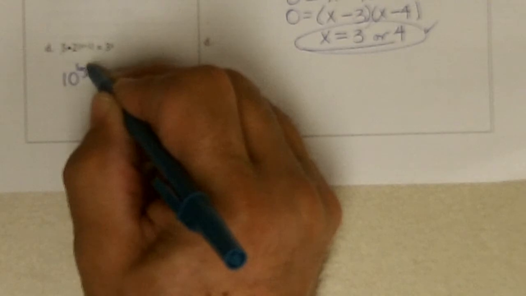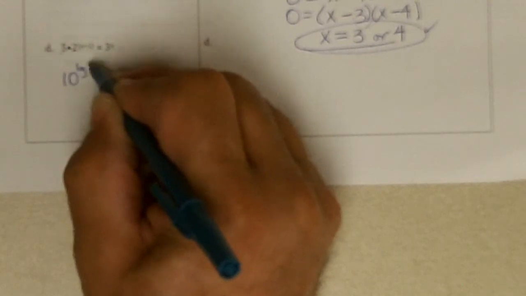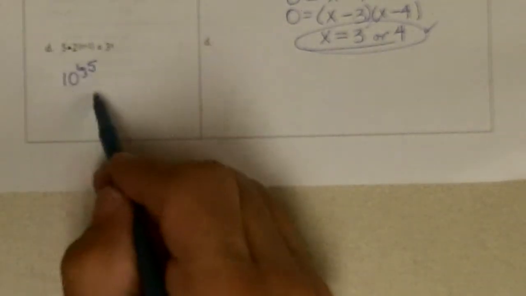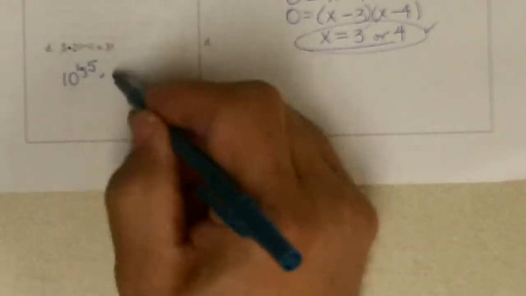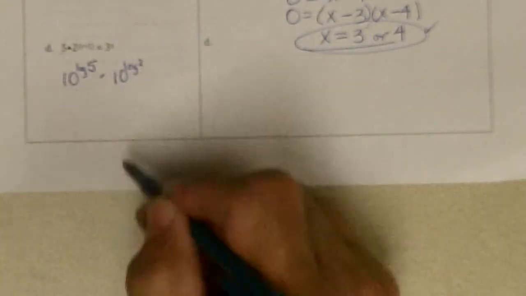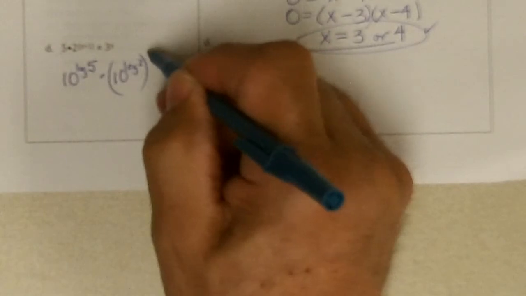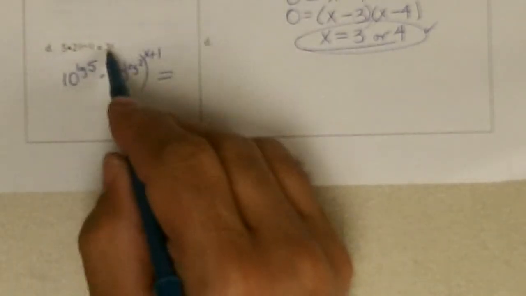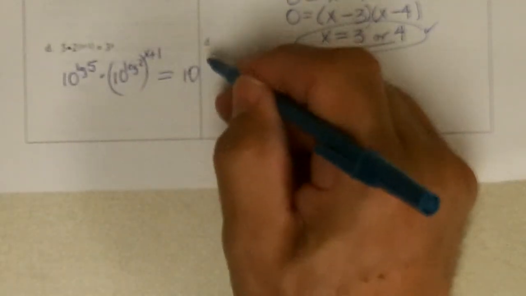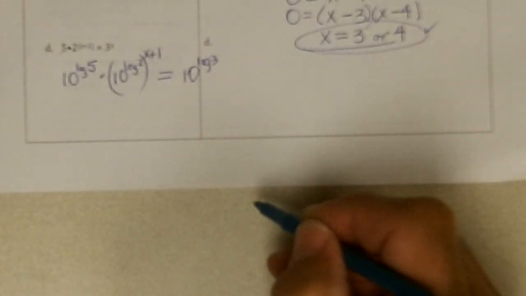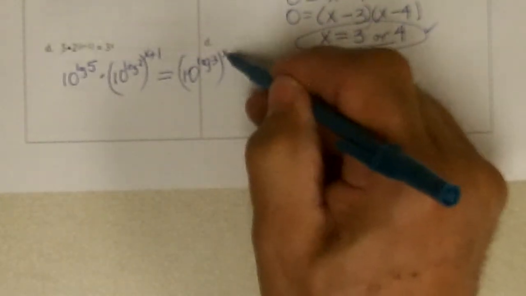You guys like log better at base 10 and then ln, so I'll do 10 to the log base 10 of 5 is another name for 5. 2 is 10 to the log 2, and that's to the x plus 1 equals, and 3 is 10 to the log 3, another name for 3, and that's to the x.